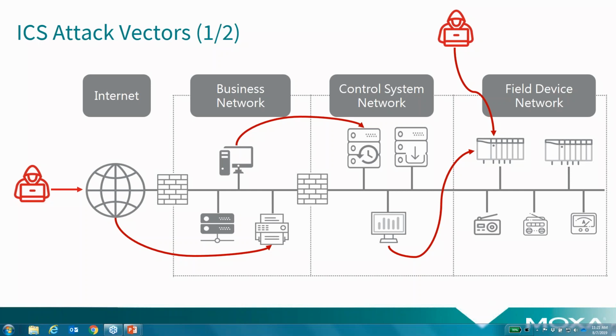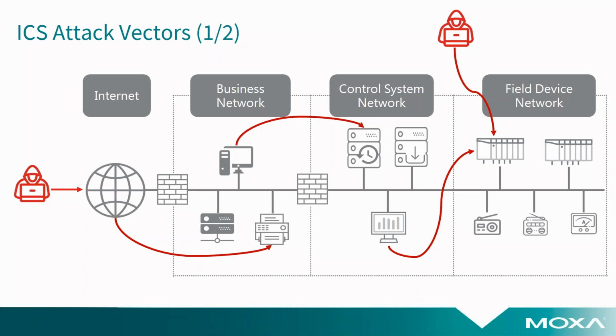Typically the adversary will try to gain access from the IT side, on the business network first, because that seems to be much simpler and easier to gain credentials and access to some vulnerable system. Even though on the IT side everyone has been pretty secure, this seems to be a very obvious attack vector.